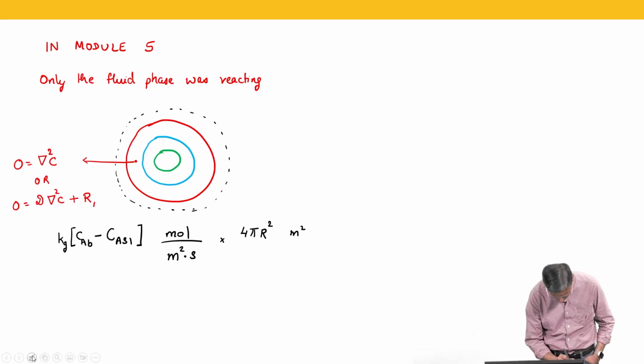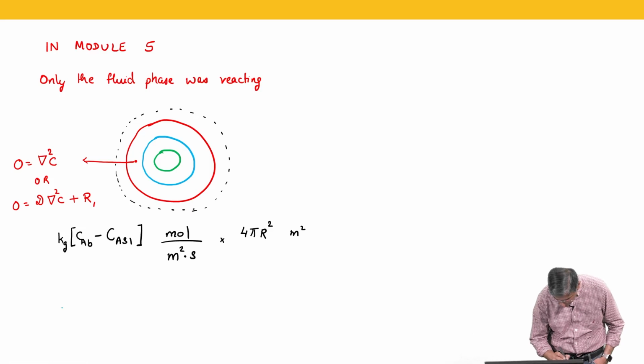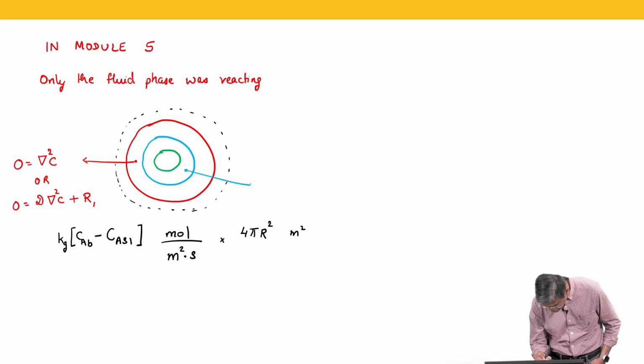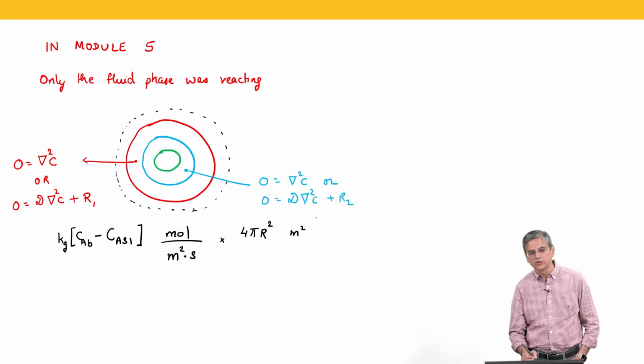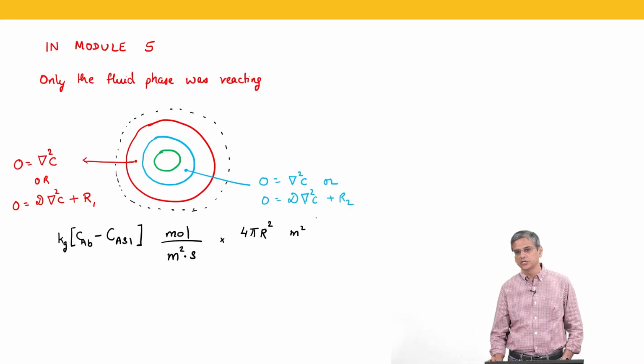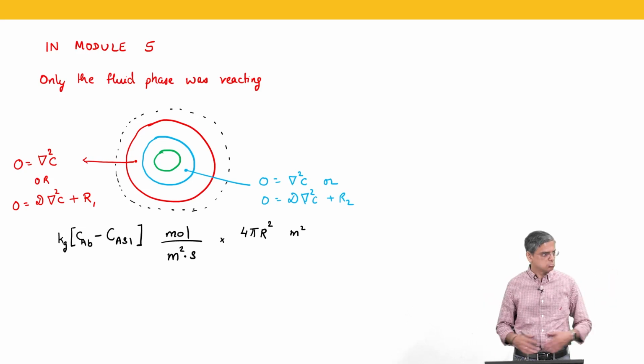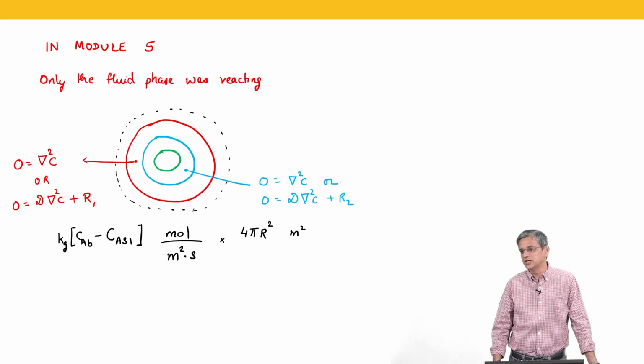Likewise, we can have the middle part, 0 equal to D del square C, or again 0 equal to D del square C plus R2. And same thing for the central green part also. If there were 10 layers, we will have 10 such equations. It does not matter how many layers there are, right.